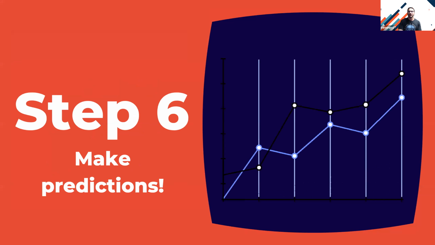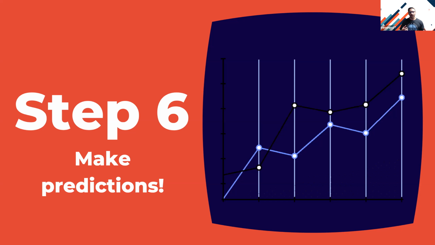Step six, make predictions. Now, this goes a little bit beyond the data analytics cycle in itself. This is the broader spectrum of data analytics. Sometimes a data analyst won't even have to get to making predictions, but they will have to really get to describing the data fast.